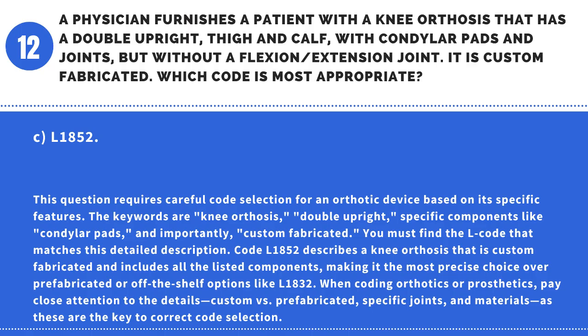Code L1852 describes a knee orthosis that is custom fabricated and includes all the listed components, making it the most precise choice over prefabricated or off-the-shelf options like L1832. When coding orthotics or prosthetics, pay close attention to the details, custom versus prefabricated, specific joints, and materials, as these are the key to correct code selection.